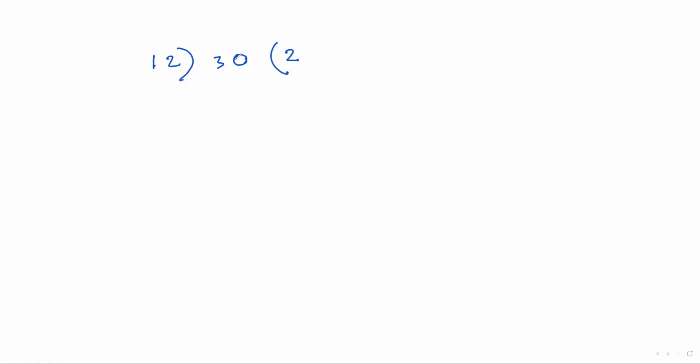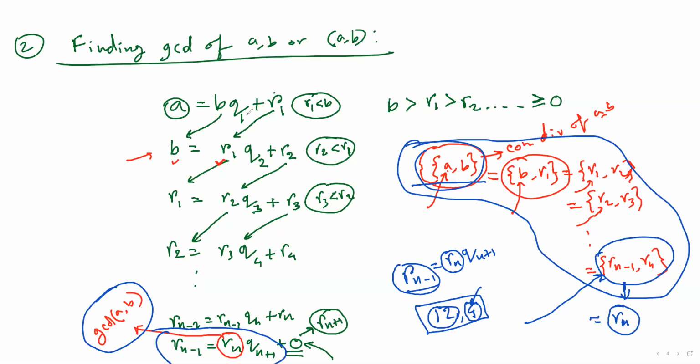Okay, let me use some other number than 30. For example, let's use 33. All right. So if you divide 33 by 12, twice 12 is just 24, and you get 9 as a remainder.